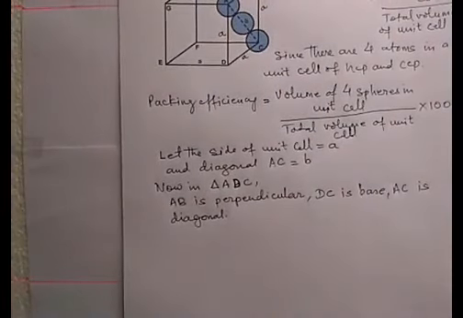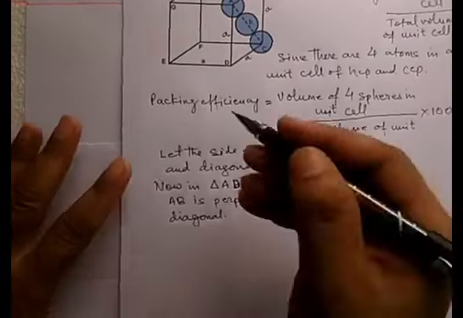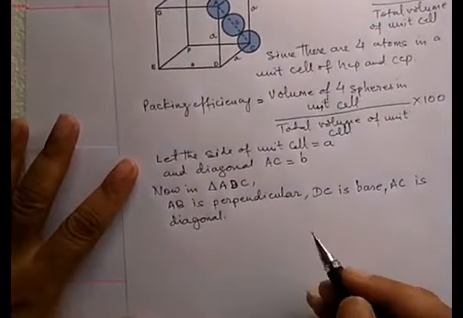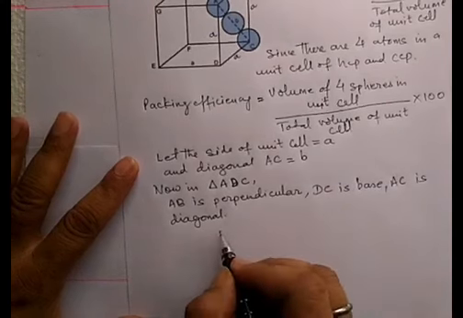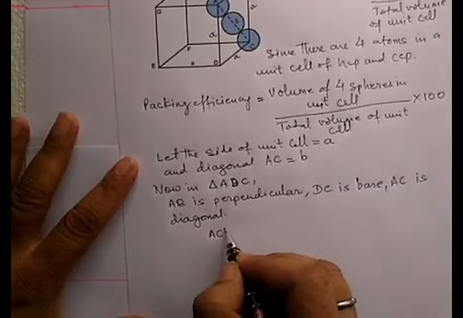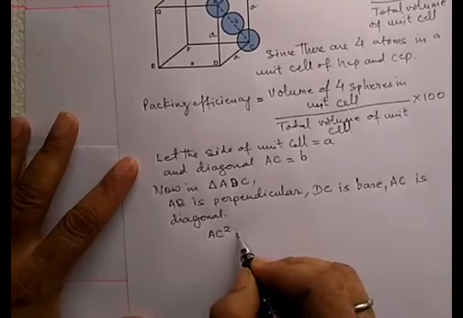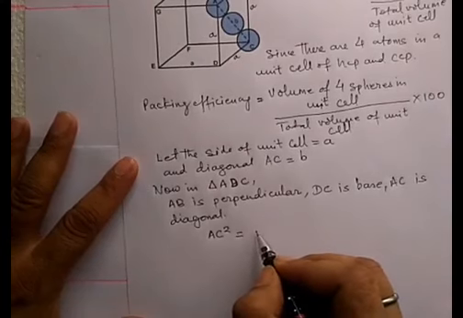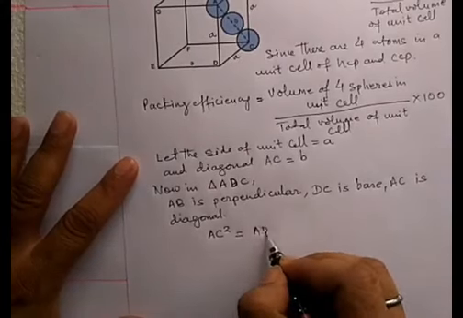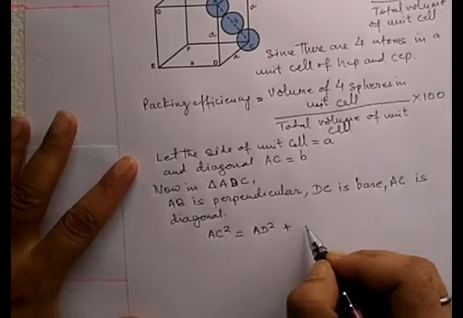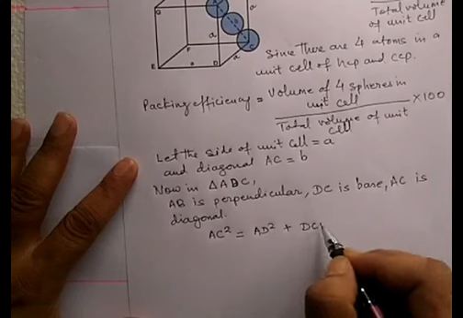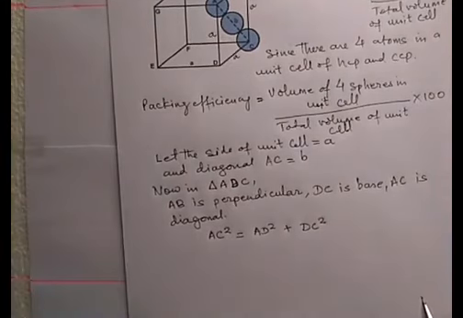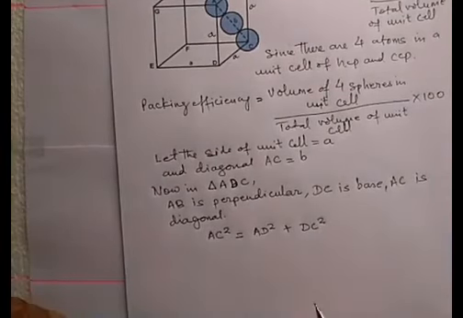Now according to the Pythagoras theorem, let's apply it. AC square is equal to the sum of the square of AD plus the square of the remaining side, DC.